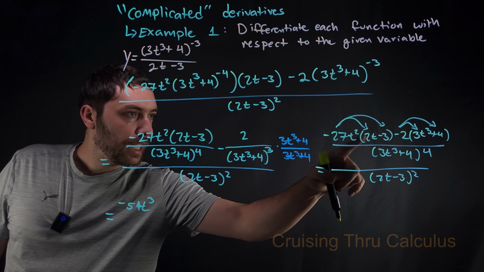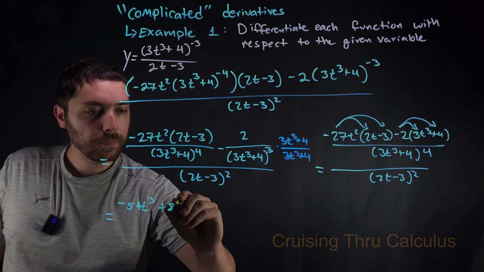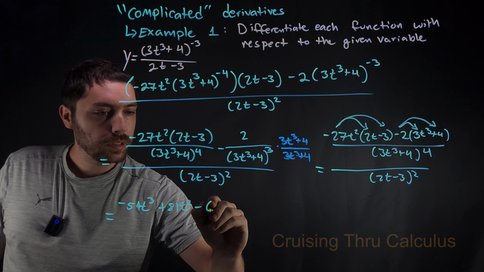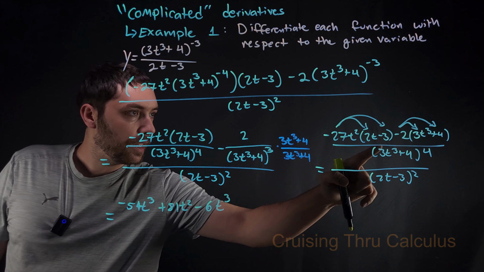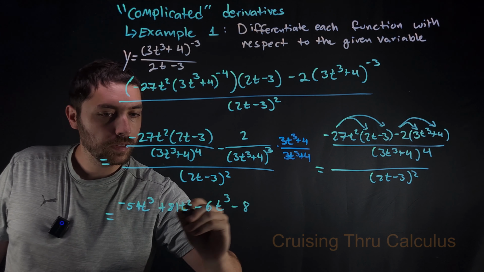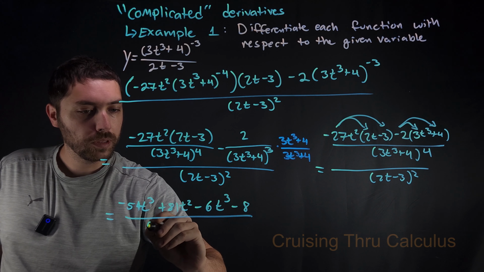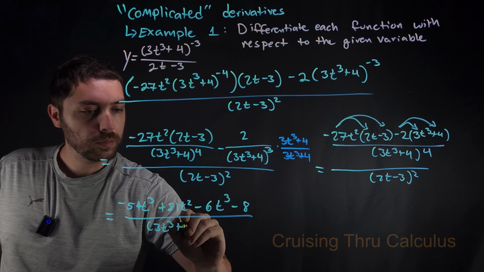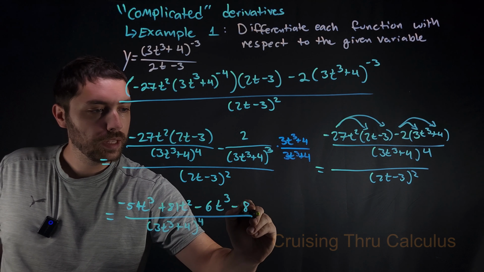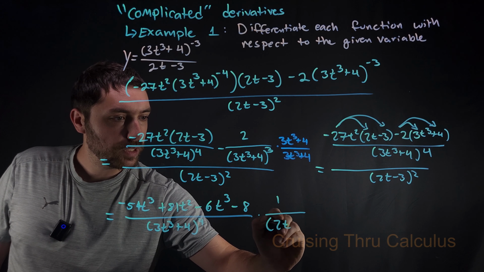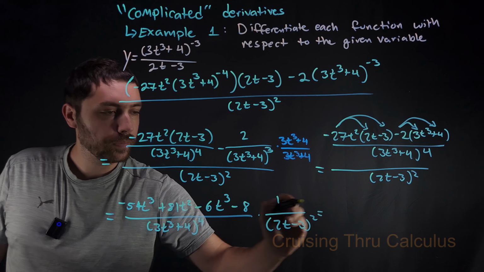Then we're going to have 81t squared. Then over here we're going to have negative 6t cubed, and then negative 8, over 3t cubed plus 4 to the fourth, times the reciprocal of this piece. So 1 over 2t minus 3 squared.